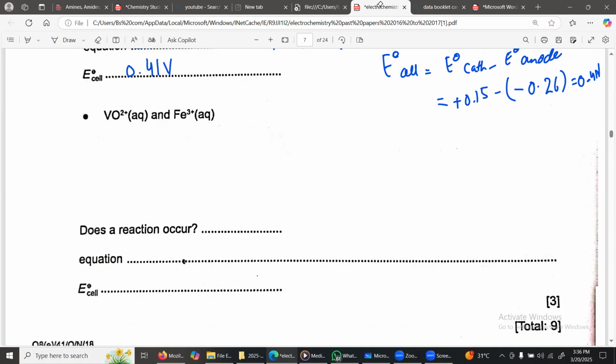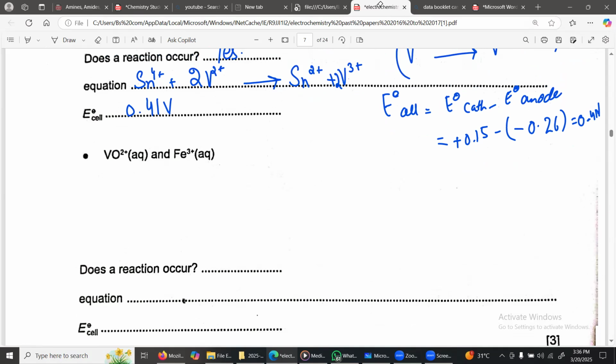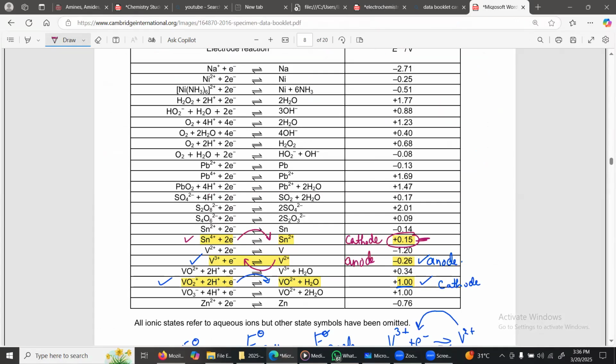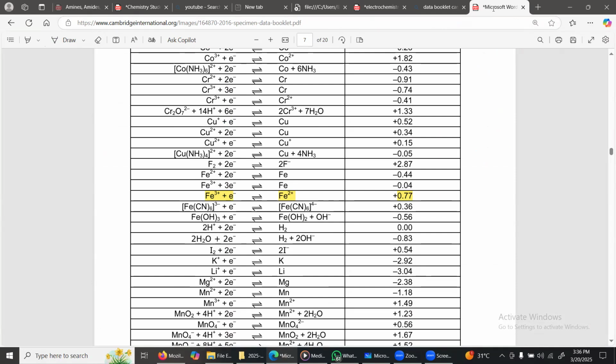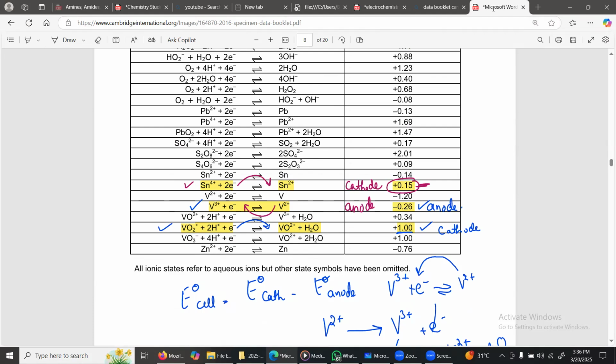So this is VO2+ and Fe3+. Now Fe3+ has to gain the electron, and I have to react VO2+ with Fe3+.